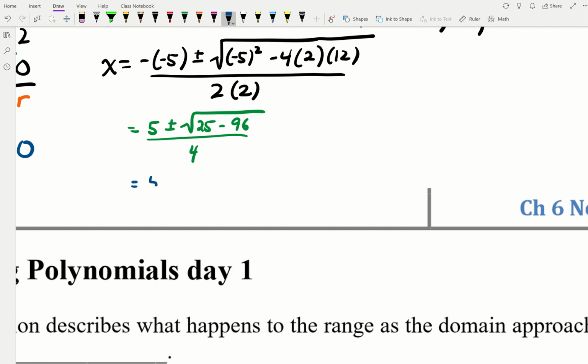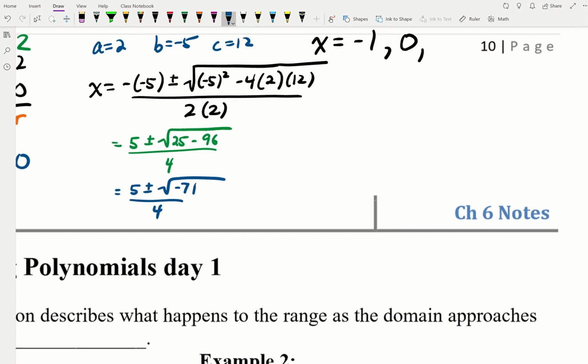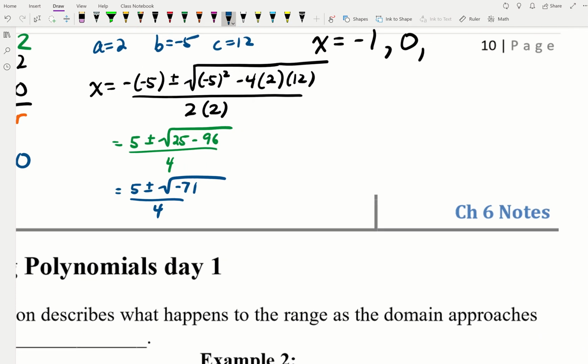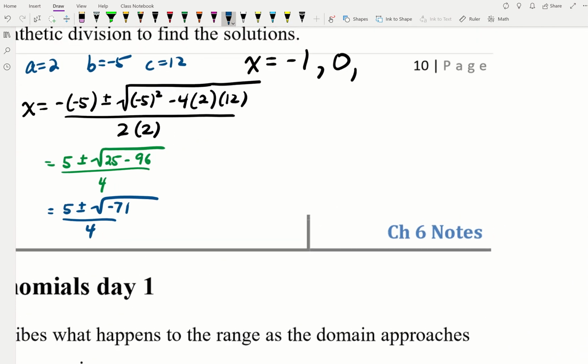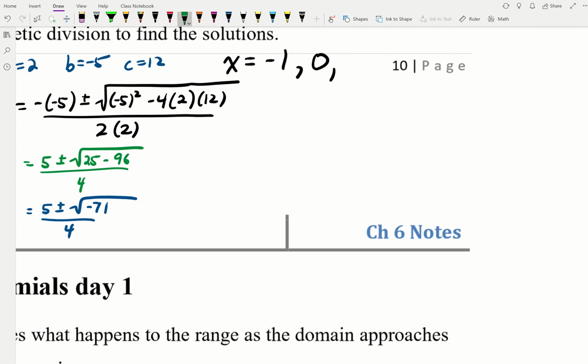All right, if we keep simplifying, we've got 25 minus 96. So what is that? -71 over 4. And then the only thing we can do to simplify this any more is take out the i. So what we would include in our solutions are 5 plus or minus i root 71 over 4.